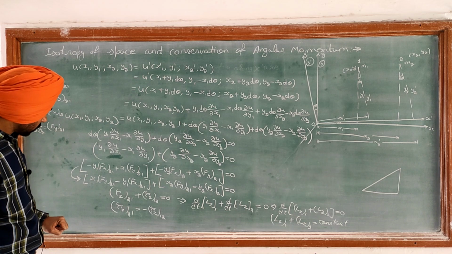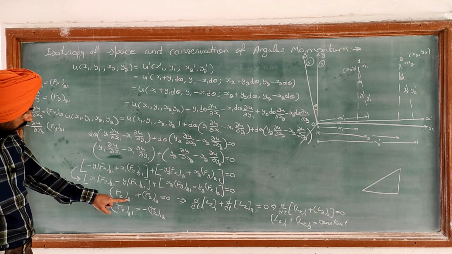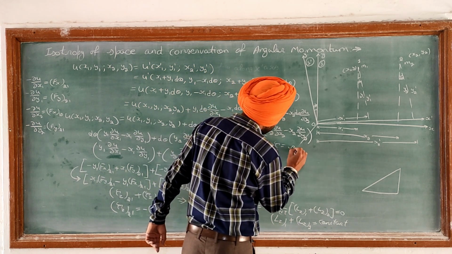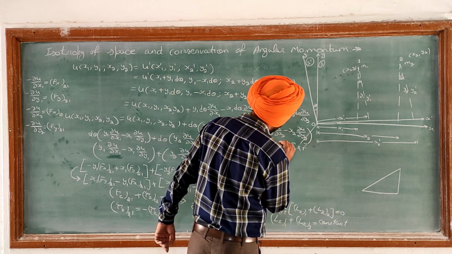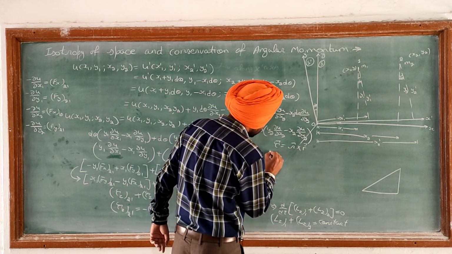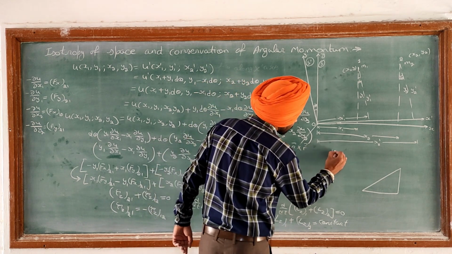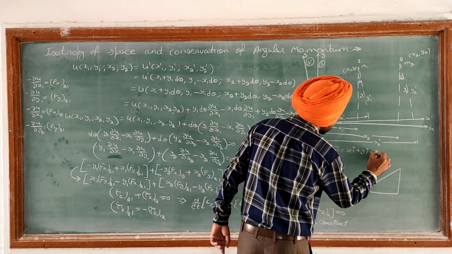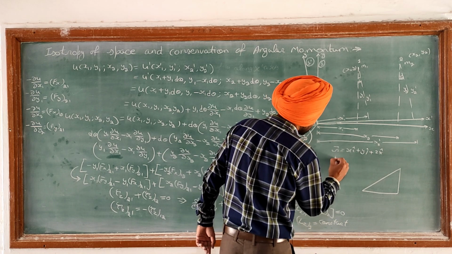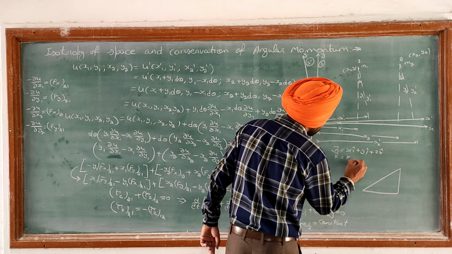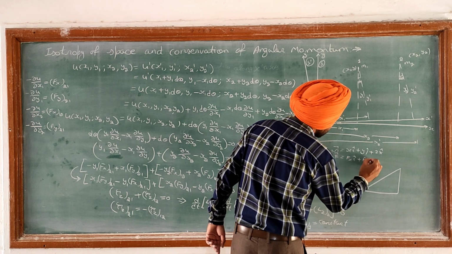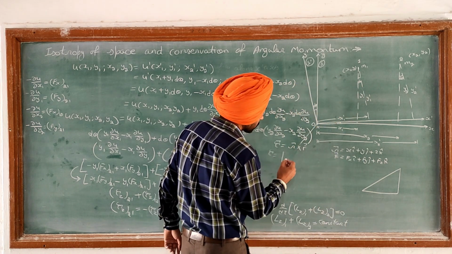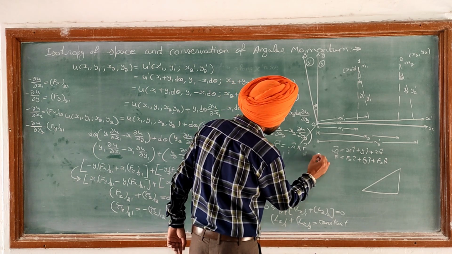Now, I am explaining how I write this tau z 21. So, what is torque? Tau is R cross F. Let R be x i cap plus y j cap plus z k cap, and force F is fx i cap plus fy j cap plus fz k cap.